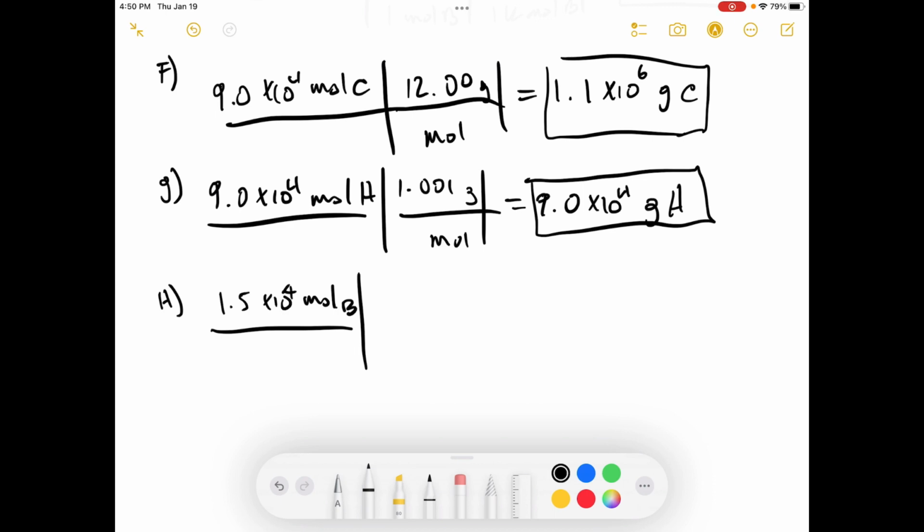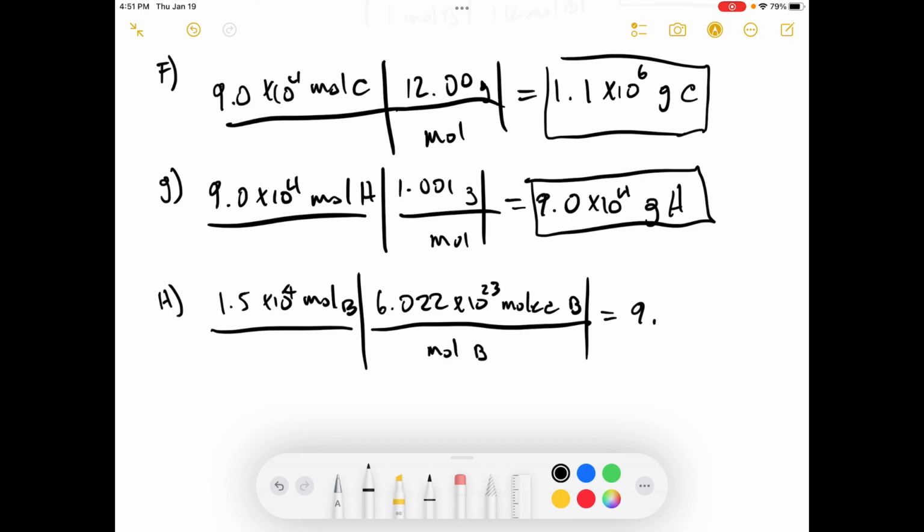So Avogadro's number is 6.022 times 10 to the 23, and that's molecules of benzene per mole of benzene. Okay. And this is 9.0 times 10 to the 27 molecules of benzene.